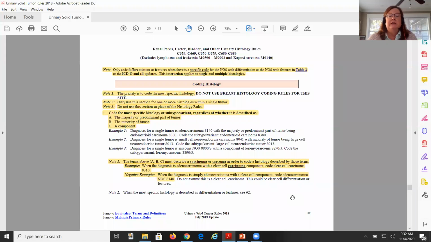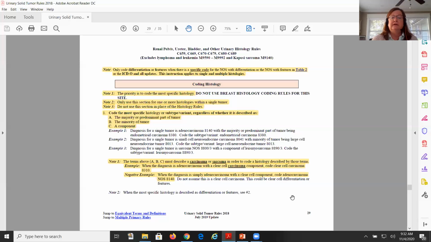Now pay attention down here to note 1. The terms above, A, B, and C, must describe a carcinoma or sarcoma in order to code a histology described by those terms. For example, when the diagnosis is adenocarcinoma with a clear cell carcinoma component, code clear cell carcinoma 8310.